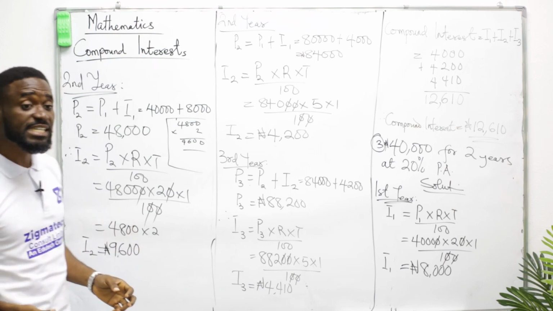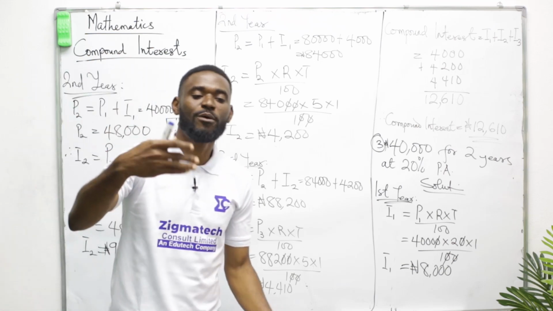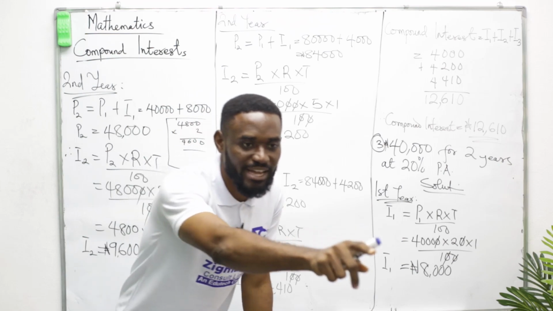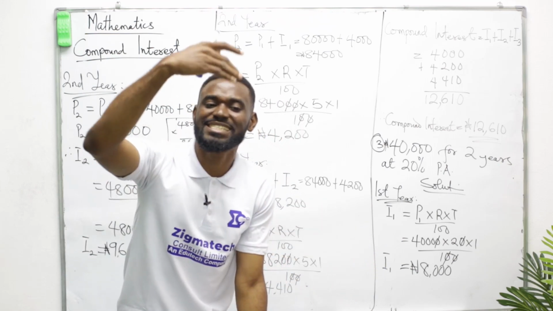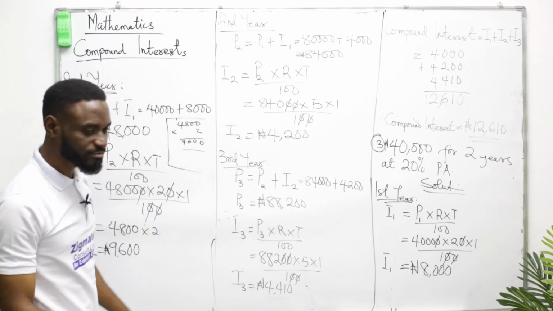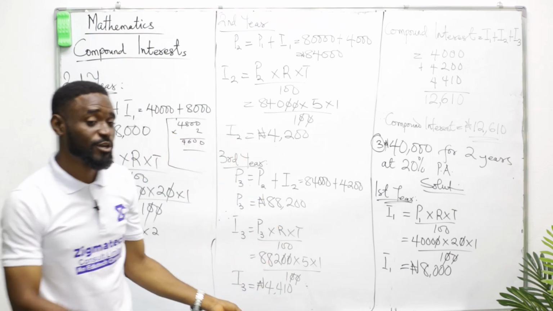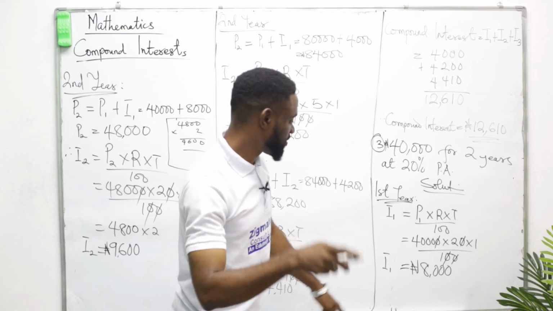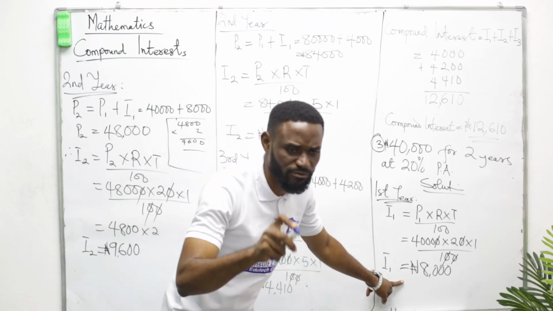But the question is, we should find the interest in a compounded interest. Find the interest on 40,000 naira for 2 years at 20% per annum compound interest. Now, if you look at the options, you have 8,000 in option C, that is the 8,000 we got as the interest of the first year.